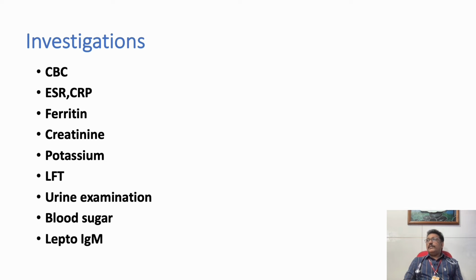Blood sugars can be very important, because in diabetic proximal myopathy, blood sugars are very high. Asymmetrical, painful diabetic proximal myopathy can be there in some patients who have high blood sugar. Then lepto-IgM is a very important investigation, because nowadays we get a lot of cases of leptospirosis.